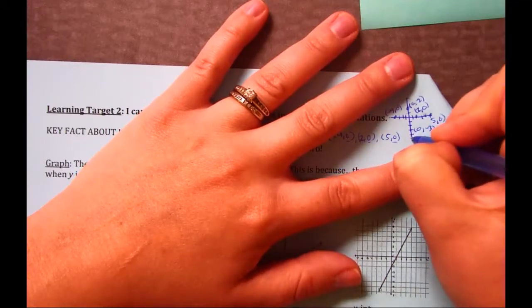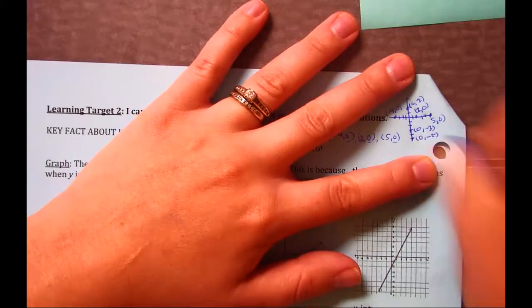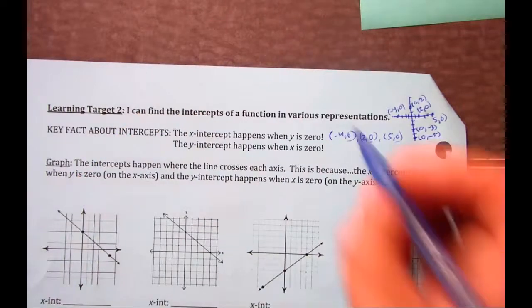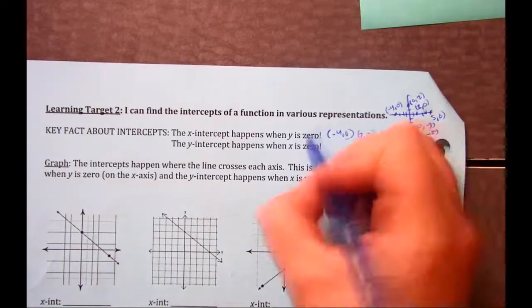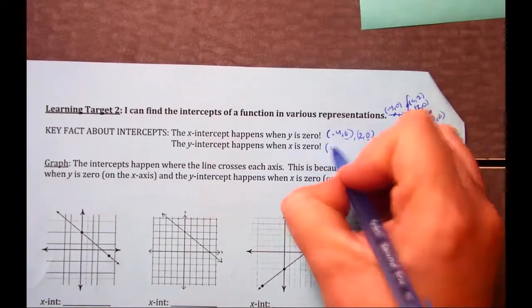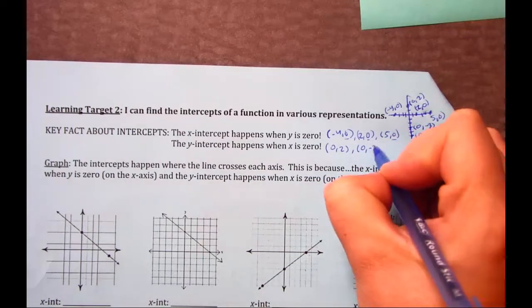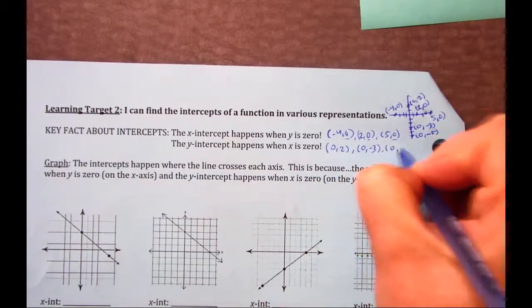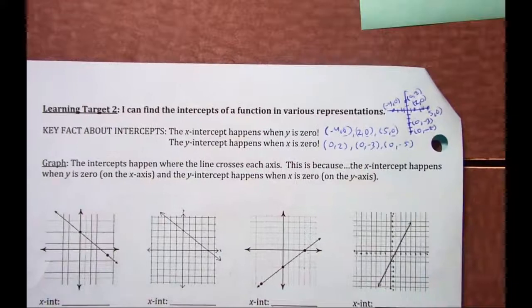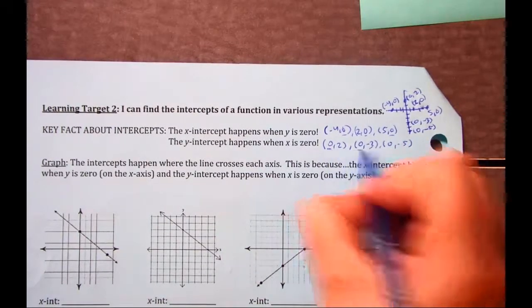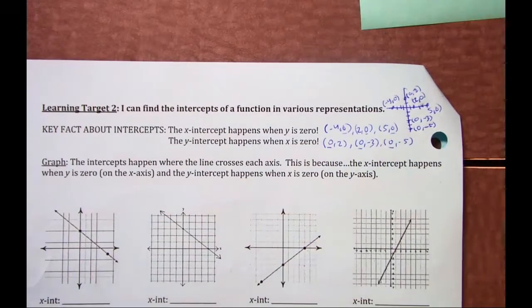Or 0, -5. All those points right along that y-axis, we have 0, 2, 0, -3, 0, -5. They all happen when x is 0.